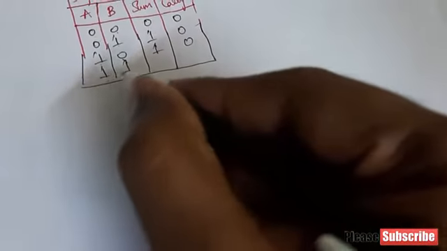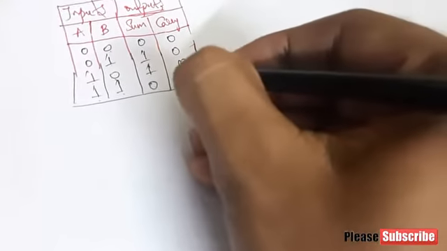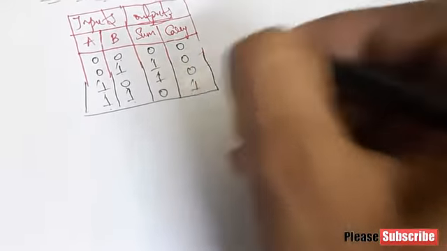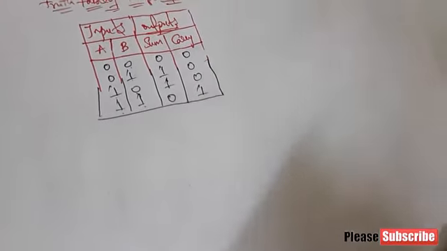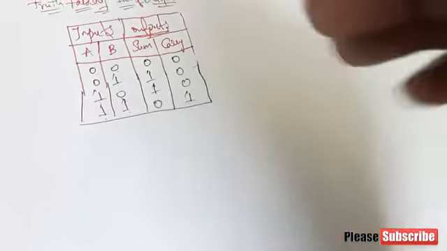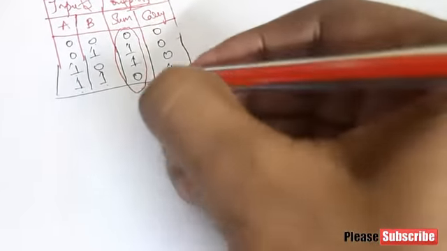If you take 1 plus 1, sum will be 0 and carry will be 1. If you can clearly observe one thing, the sum will be the truth table for XOR gate.